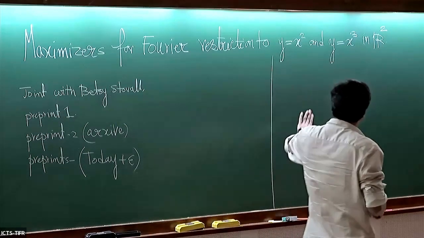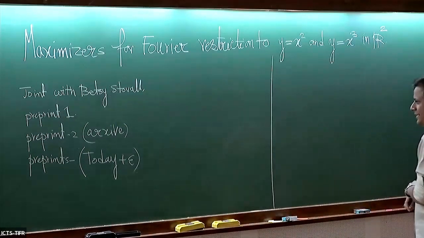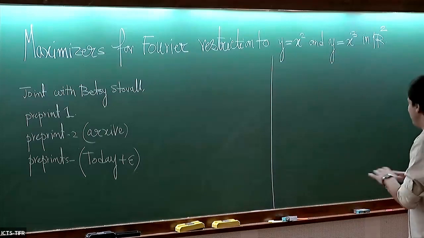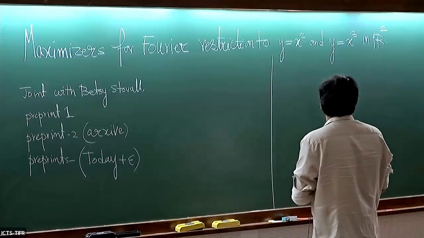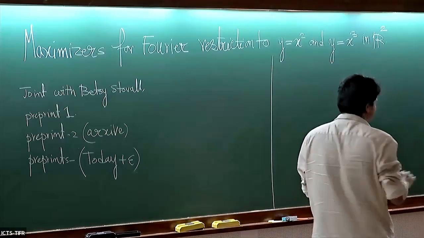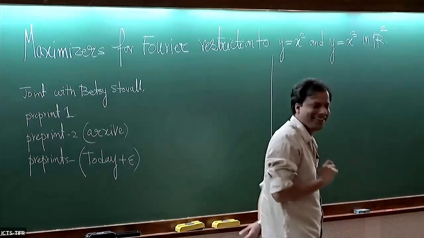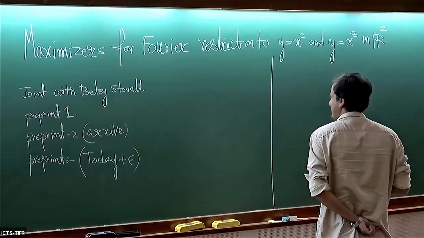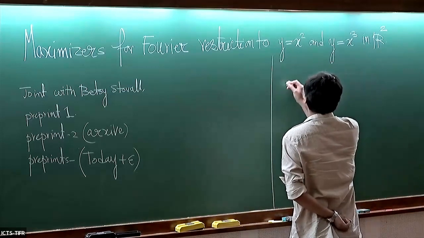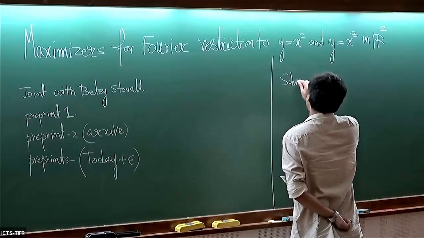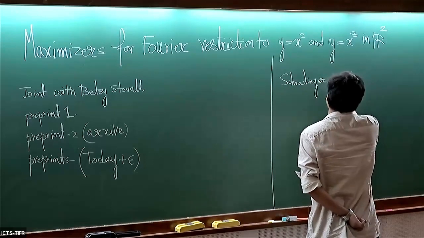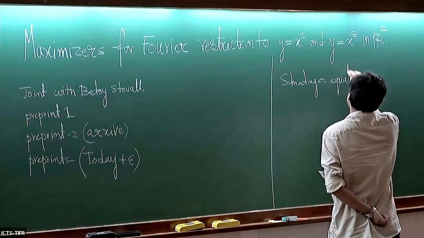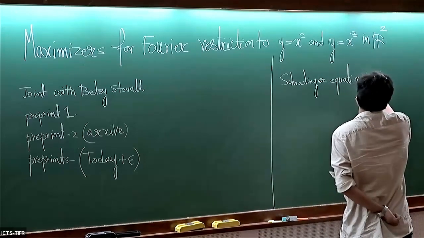What I'm going to talk about is basically the simplest possible cases, in dimension 2. So let me start. Let me repeat a few things that the two previous speakers said. Let's look at the Schrodinger equation in one spatial dimension.